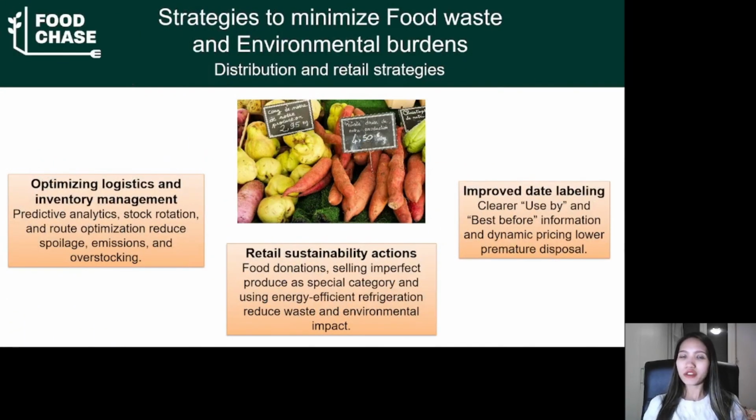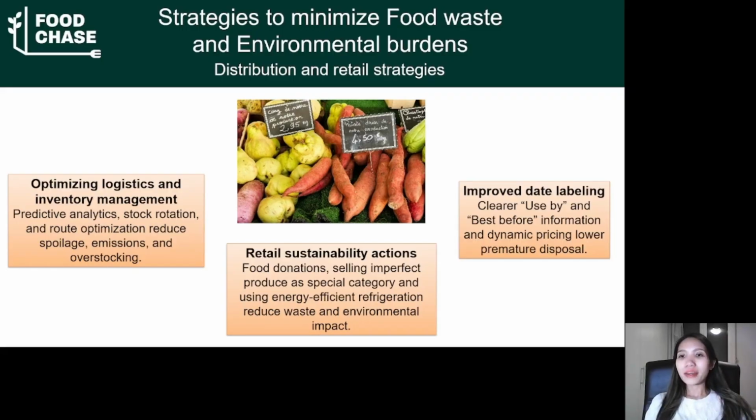During the phase of distribution and retail, we can apply some strategies like optimizing logistics and inventory management. Predictive analytics, stock rotation, and route optimization can reduce spoilage, emissions, and overstocking. Retail sustainability actions, for example, food donation, selling imperfect produce as a special category, and using energy efficient refrigeration can reduce waste and environmental impacts.